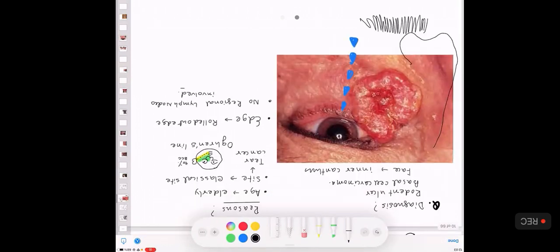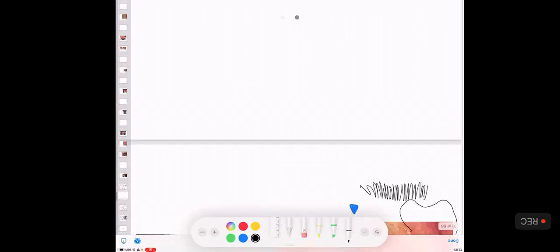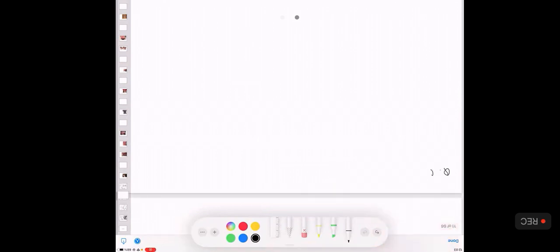Now, if this is what is important, then let us come to the next question. What is a basal cell cancer?